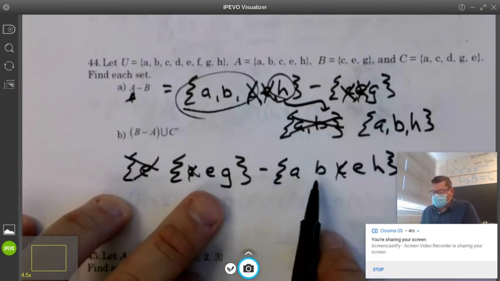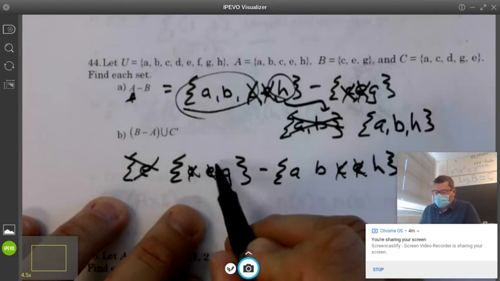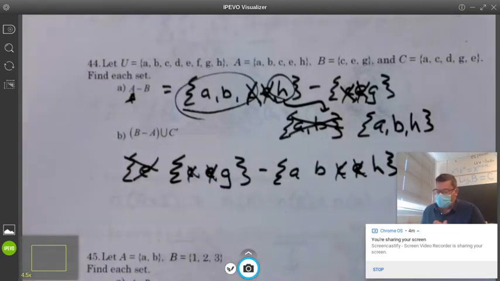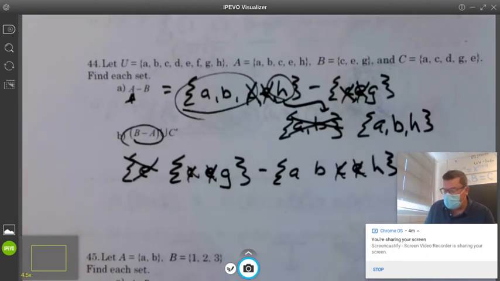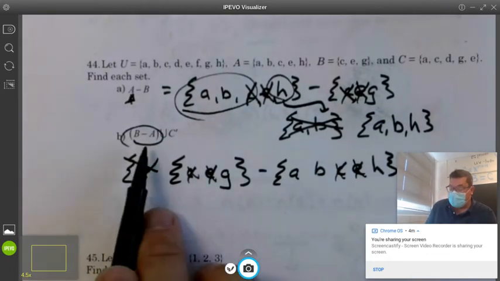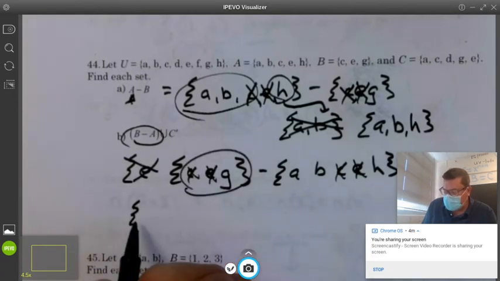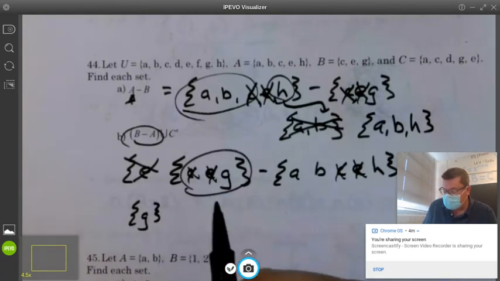E minus, oh, they're gone. G minus, so the difference between B minus A is just G. So now we have the set that just includes G.